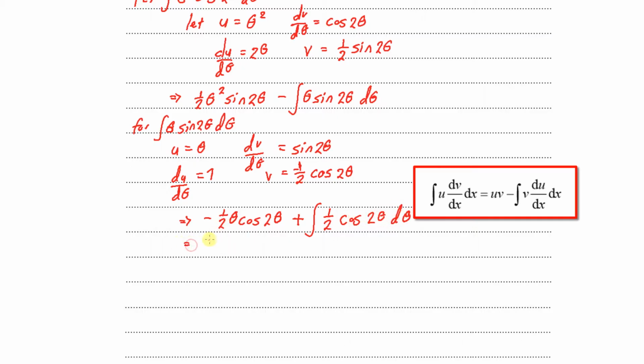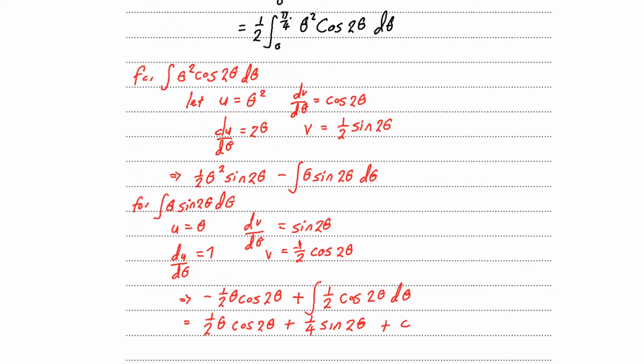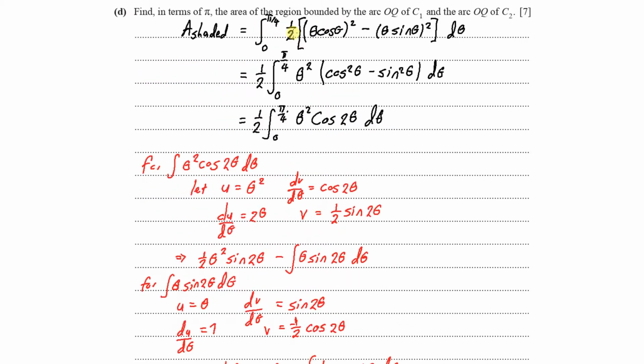So what we'll get is minus half theta cos 2 theta, plus integrating half of cos 2 theta, we get a quarter of sine 2 theta plus c, though we will not need the constant of integration.